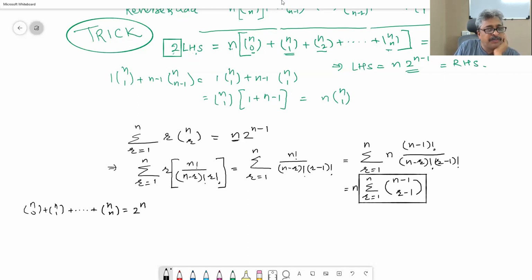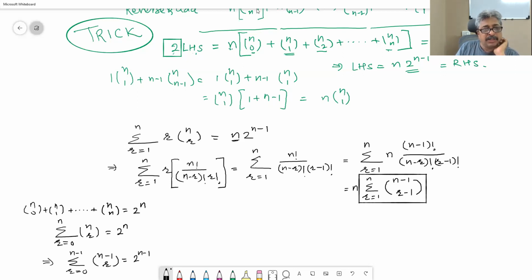In sigma notation, we get sigma r goes from 0 to n, n choose r is equal to 2 raised to n. And suppose n is n minus 1, then sigma r goes from 0 to n minus 1, (n minus 1) choose r is equal to 2 raised to n minus 1.